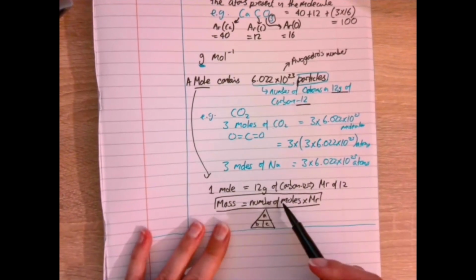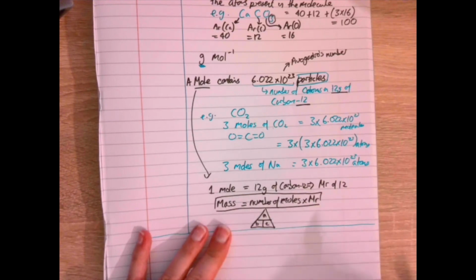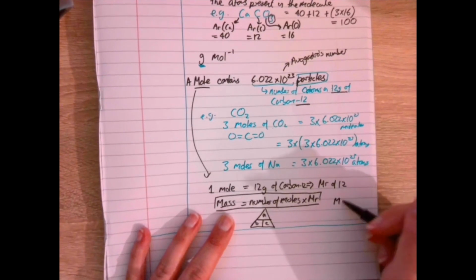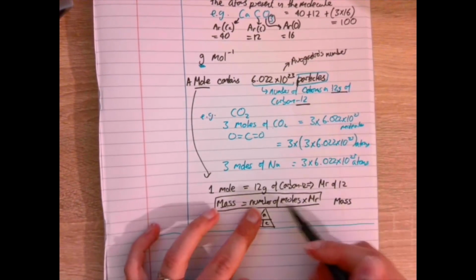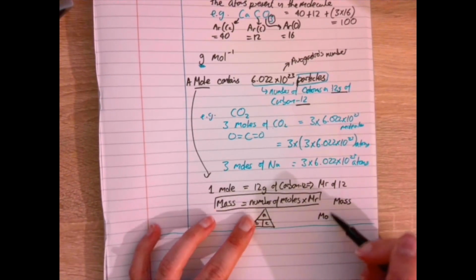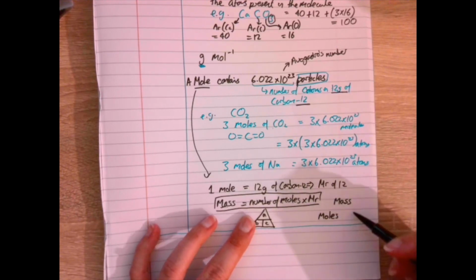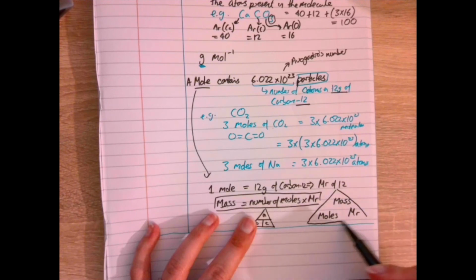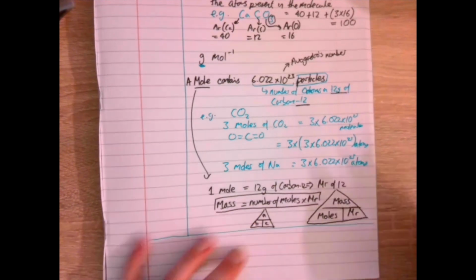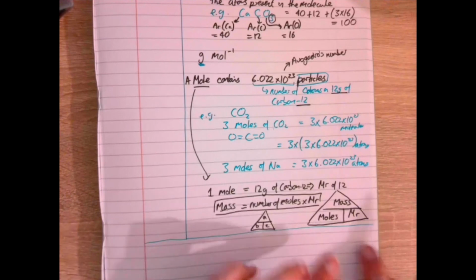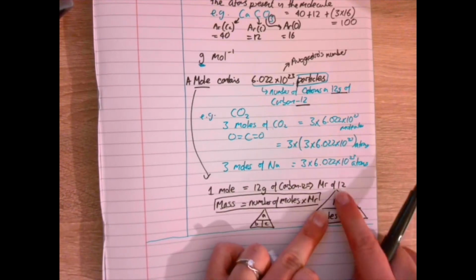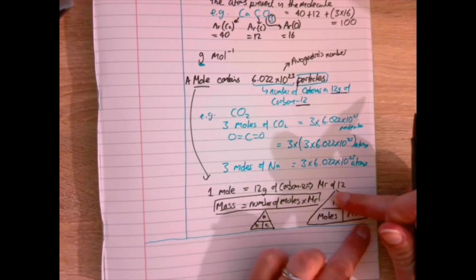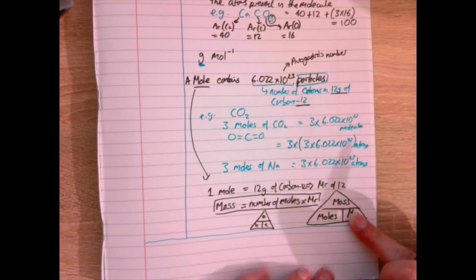They all really start with M. MA comes first in the alphabet, so mass, and then we've got moles, MO, and then Mr is last alphabetically. And what we're saying here is that our moles is equal to our mass divided by our Mr, our mass is equal to our moles times our Mr, and our Mr is equal to our mass divided by our moles.